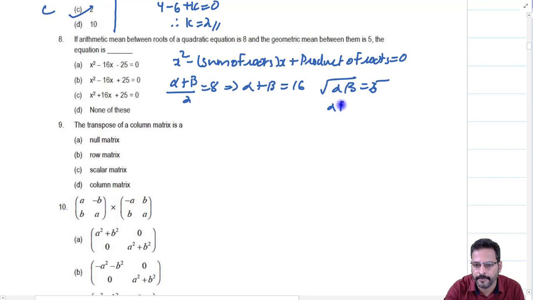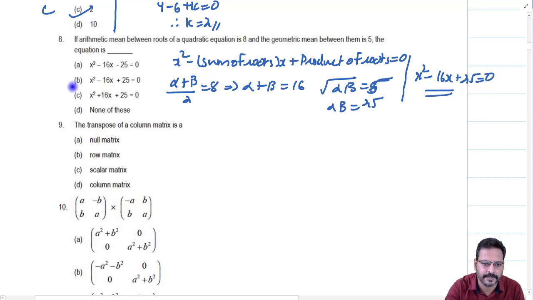So alpha beta, squaring 5, becomes 25. Therefore the quadratic equation will be x square minus sum 16x plus product 25 is equal to 0. x square minus 16x plus 25 is equal to 0. Okay. Answer will be B.